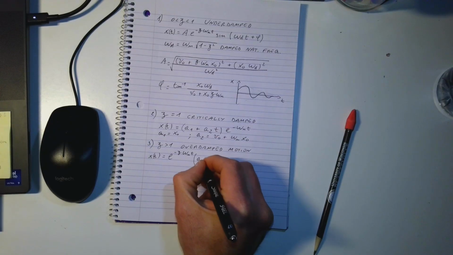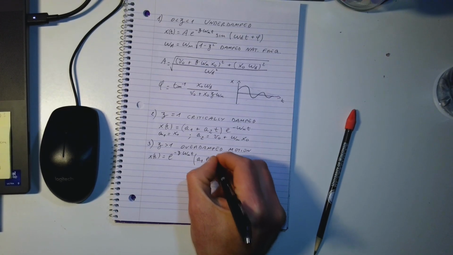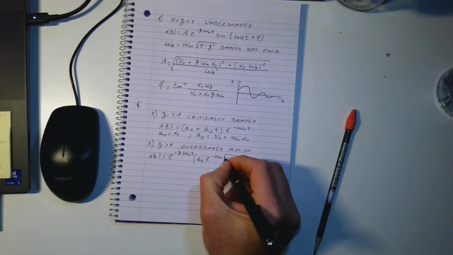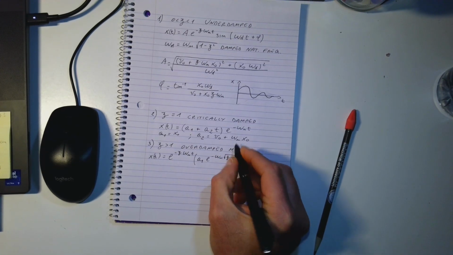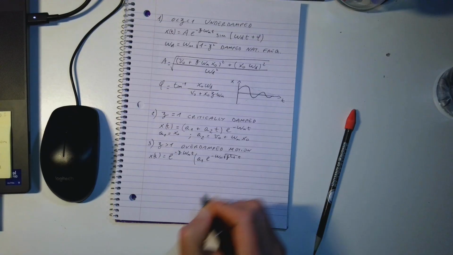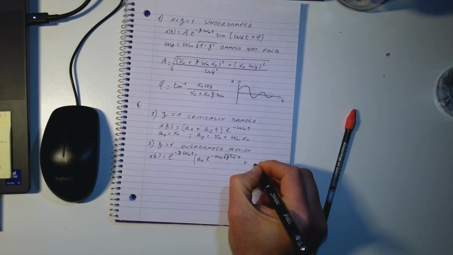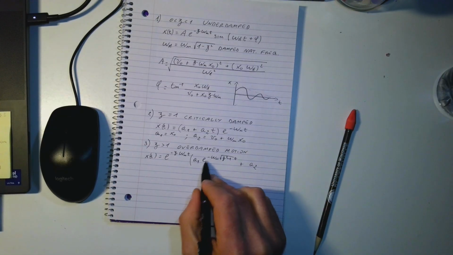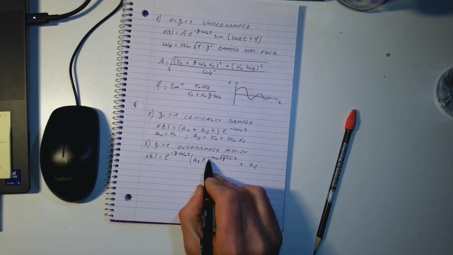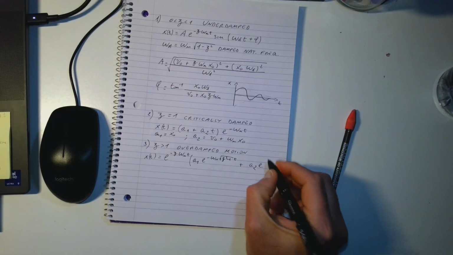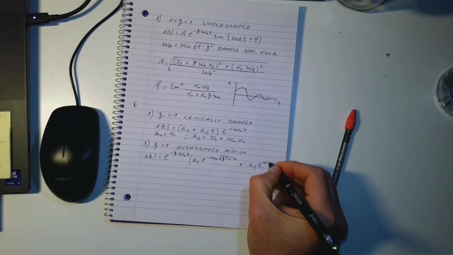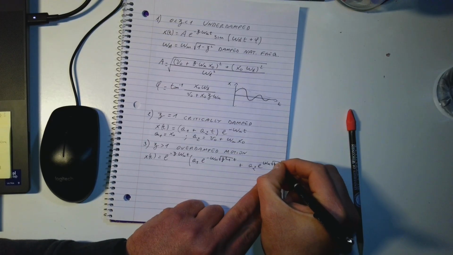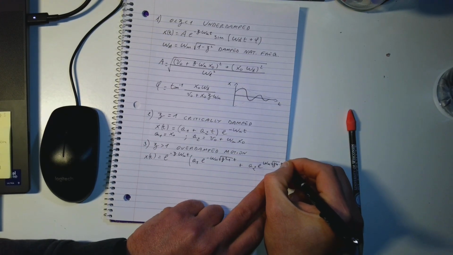So we have a1 e to the power of negative omega n square root of zeta squared minus 1 times t, plus a2, and then we have basically the same without the negative sign. So it is e to the power of omega n square root of zeta squared minus 1 times t.